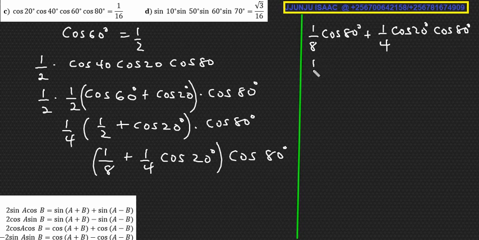So we have 1 out of 8 now, cos 80 degrees plus, now this is going to be a product, so it is the same as a half, so it is a quarter times a half, then of course when you add them, this is 100 plus cos, when you subtract them, which is 60.